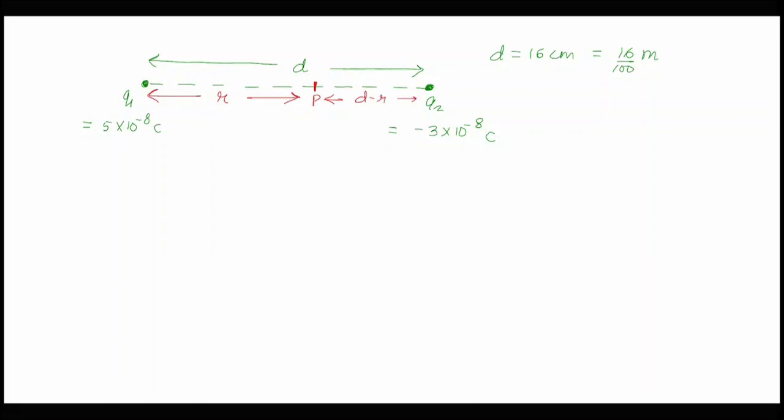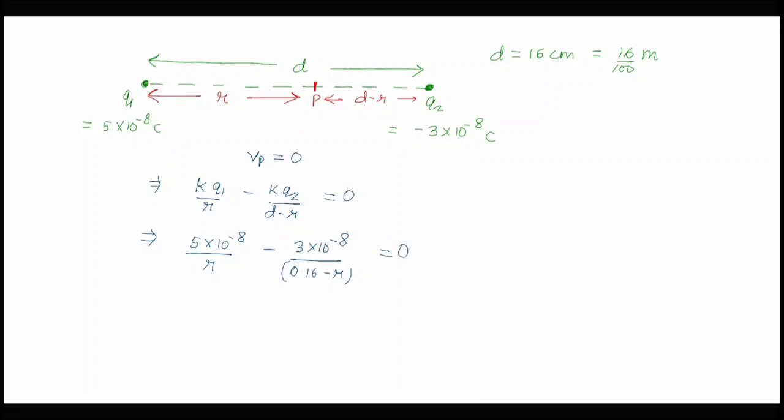So if potential at P is equal to 0, and since potential is a scalar quantity, I can write it in this way: k Q1 upon r minus k Q2 upon d minus r is equal to 0, and hence we will obtain the expression 5 into 10 to the power minus 8 upon r is equal to 3 into 10 to the power minus 8 upon d minus r, that is 0.16 minus r.